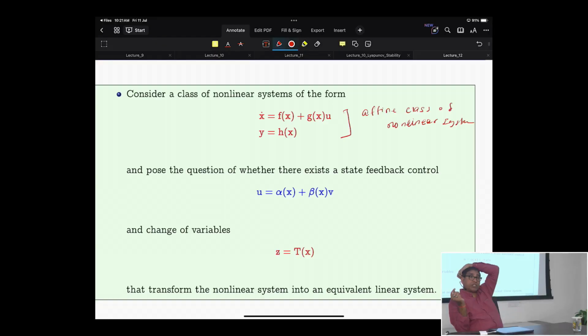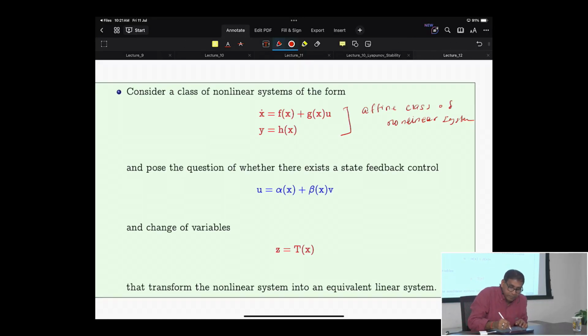If your nonlinear system has got u square, then you make some arrangement, some transformation to bring it to u. The system must be represented as x dot is equal to f(x) plus g(x)u. f(x) is nonlinear, g(x) may be nonlinear, but u is important. This is u, no u square, no u dot, and y is equal to h(x), and usually h(x) is a scalar.